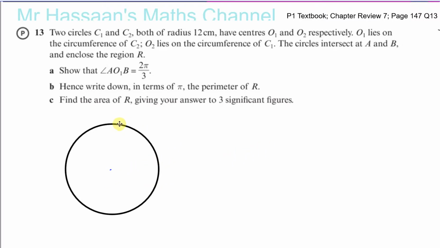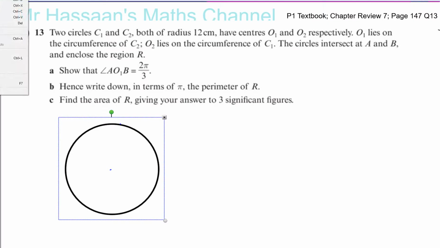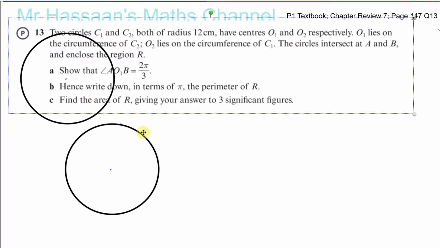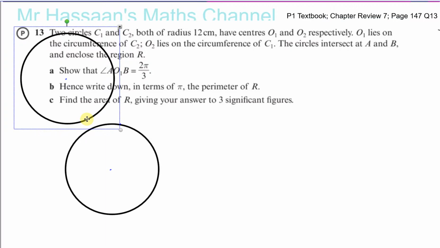Now I'm going to copy this circle. I'll copy and paste, so it'll be exactly the same size. Now those two circles are exactly the same size, and hopefully they'll move together.